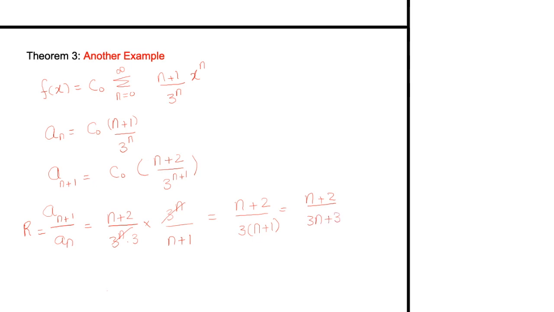Now taking the limit for n to be very large, that will be equal to the limit as n tends to infinity.